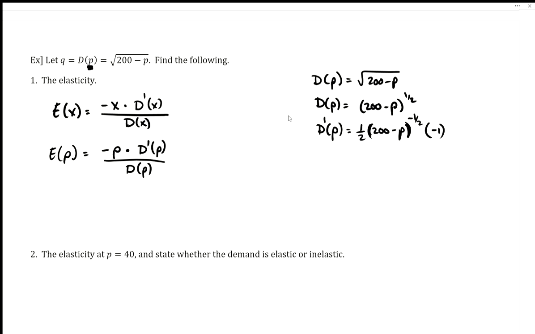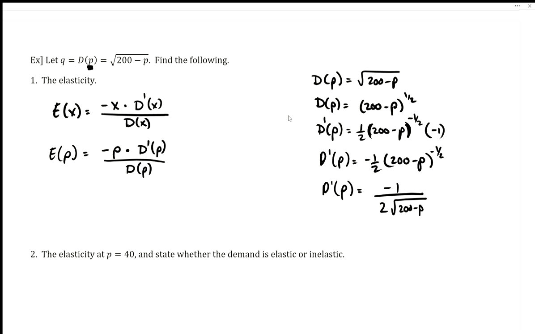Okay, so we can see this would simplify. So d prime of p would be negative 1/2 parentheses 200 minus p to the negative 1/2. Like that. And if we want to, we can also change that back to a square root. So we would have negative 1 in the numerator and then 2 square root of 200 minus p in the denominator.